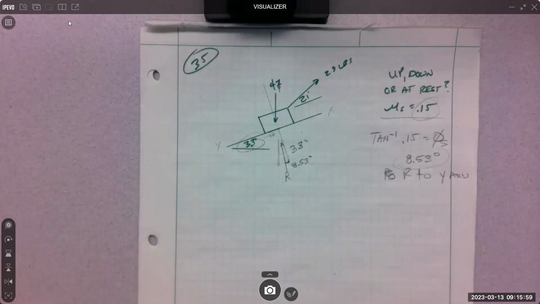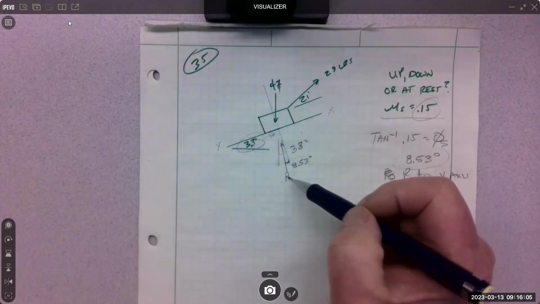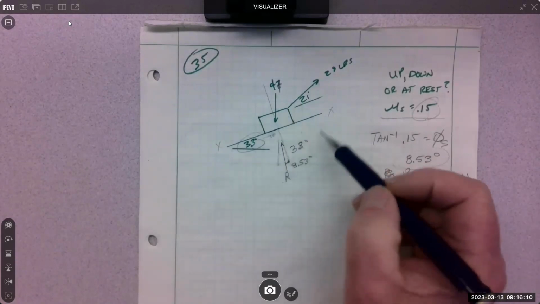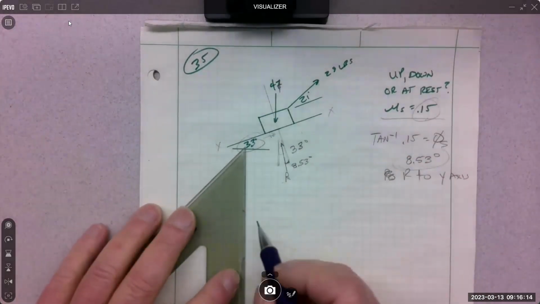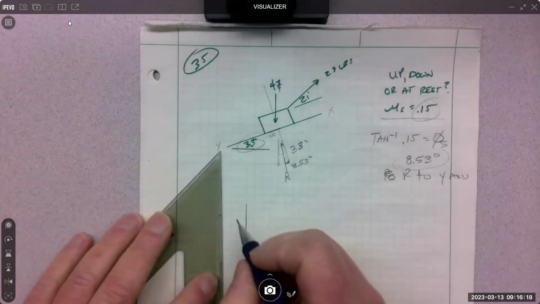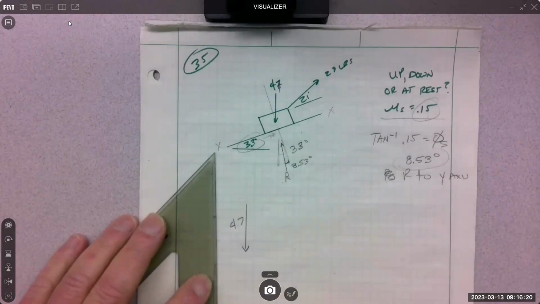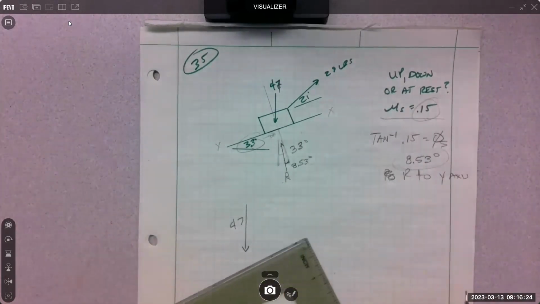The other thing we could do is the equations to try and figure it out. So if we do it this way, we can do the force triangle to figure out R. Right? But let's see if I can draw that triangle. So if I know I got 47 coming down, and then I got 29 going up at 21 degrees.